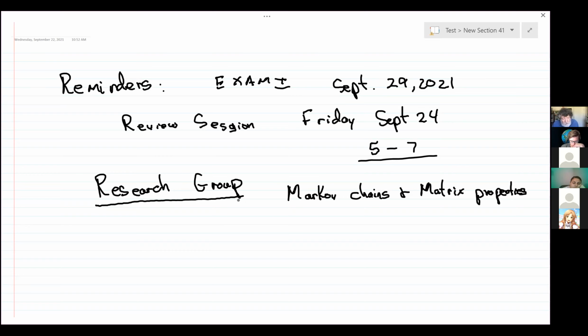It lets you know that there's more to math than what's in the class as well, outside class activities. And if you really get to become a regular, then you can end up contributing by going to mathematical meetings and giving talks. So that's one of the things that the research group does.